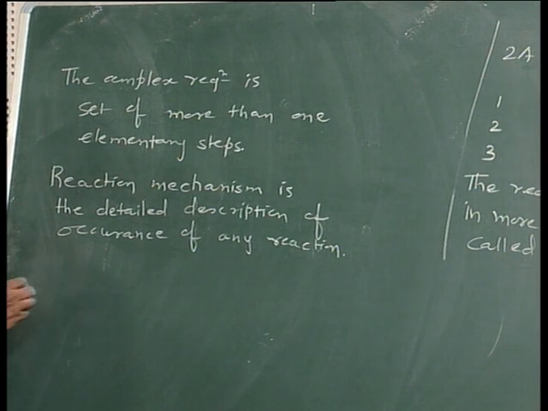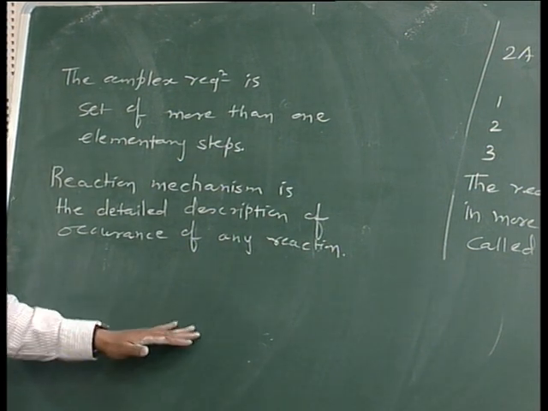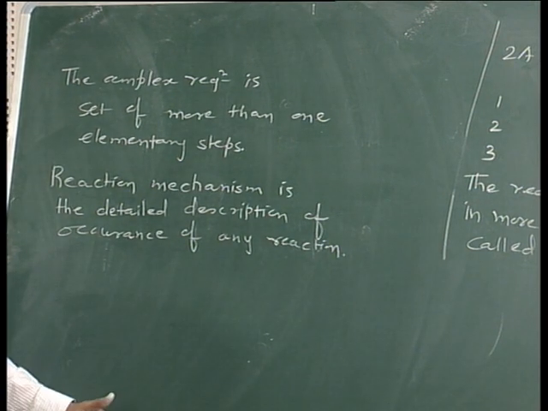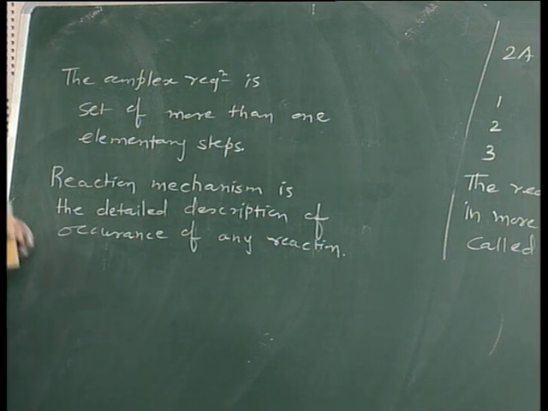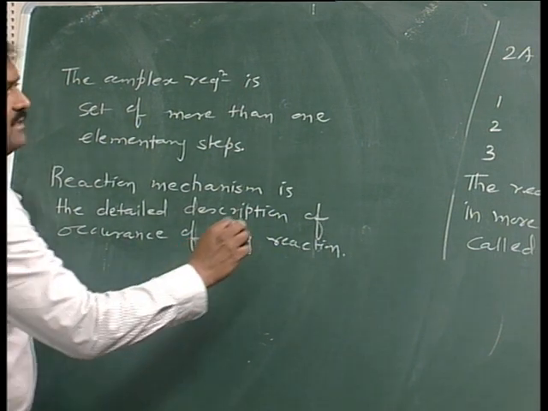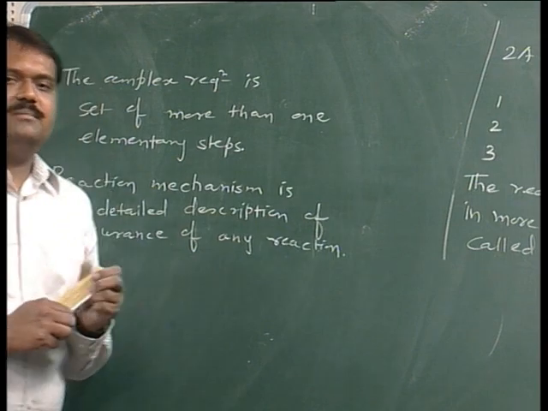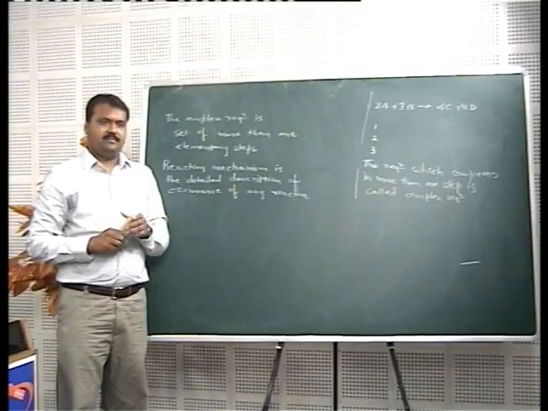Now, any reaction mechanism which is a combination of more than one elementary steps is having one step as slow step.